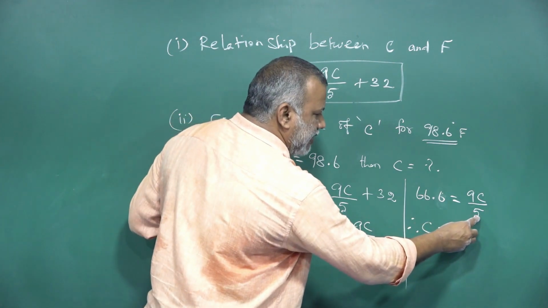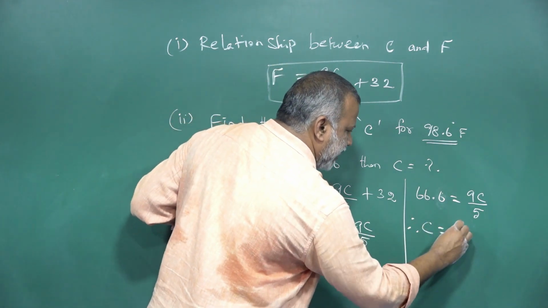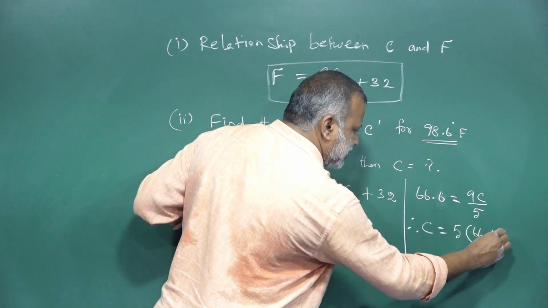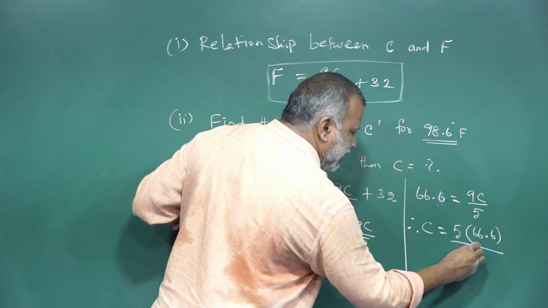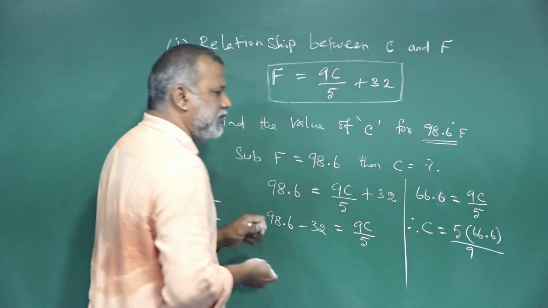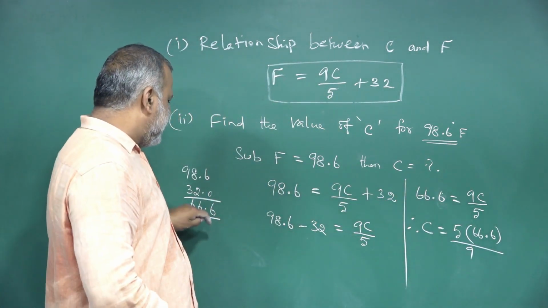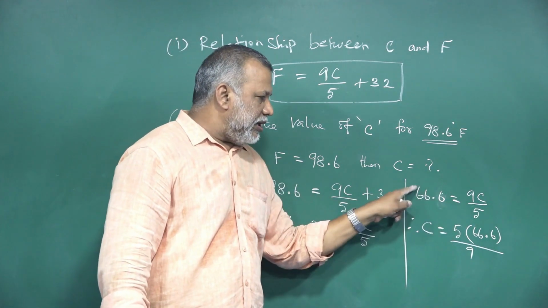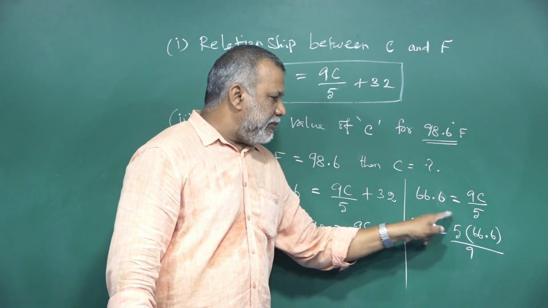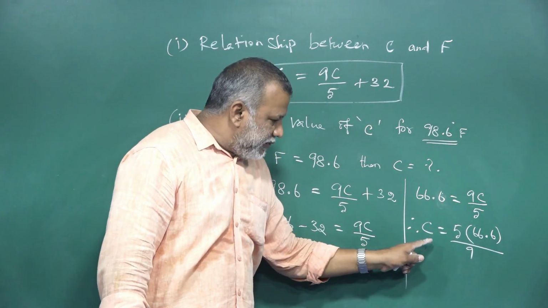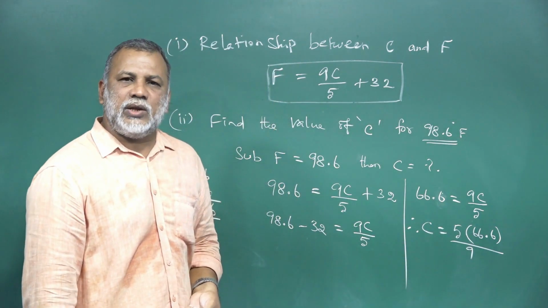Now, we want to find the value of C. That means 5 is multiplied with 66.6 divided by 9. We need to find the value of C here. Just cross multiplying, the subtraction of this one we can get 66.6. Then cross multiplication, here 5 is multiplied with 66.6 divided by 9. So if you simplify this one, we can get the value of C.